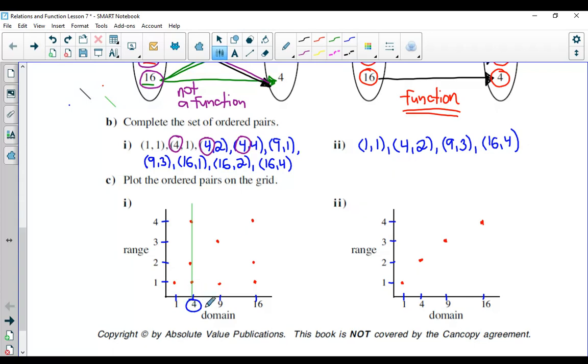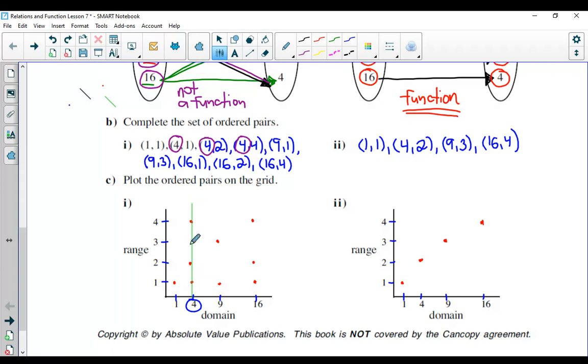The problem is that if x equals 4, you actually have 1, 2, 3 y values attached to that line. And in order for it to be a function, for every x value, you can only have one y value attached to it. So that's why the vertical line test would fail.